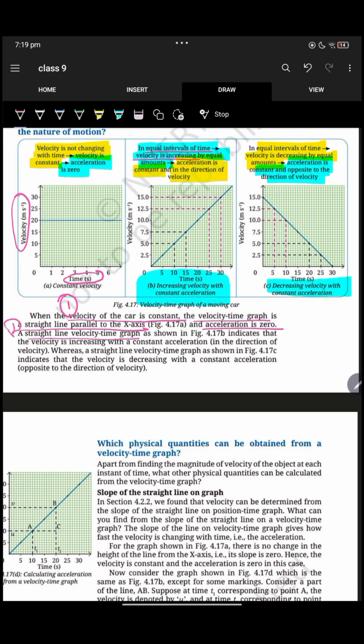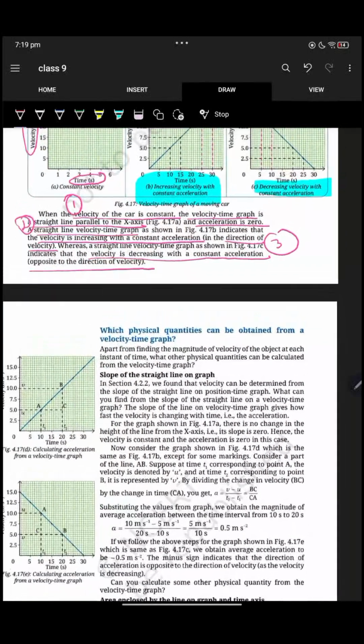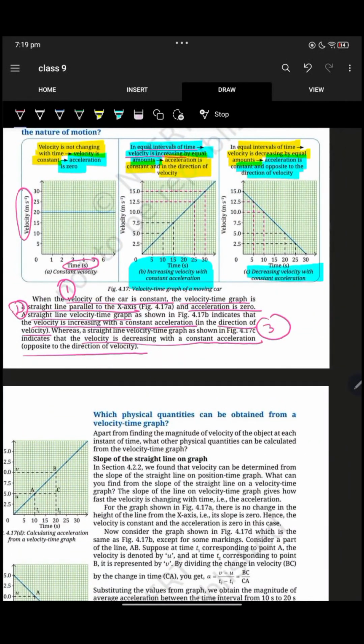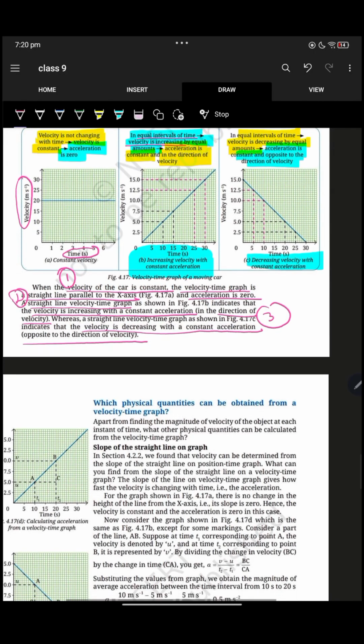This is the second type of plot. It means velocity is increasing with constant acceleration, of course, in the direction of the velocity. And C, the third case, indicates velocity is decreasing with constant acceleration, but in the opposite direction of velocity.